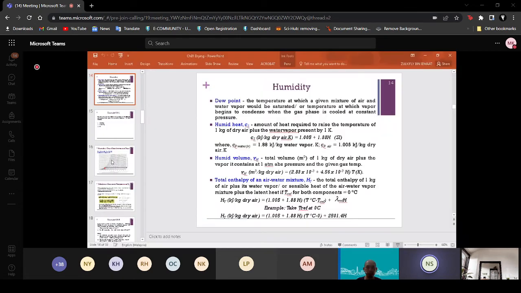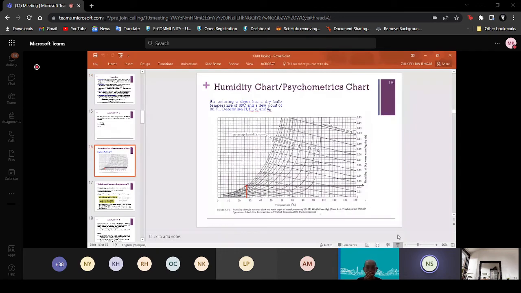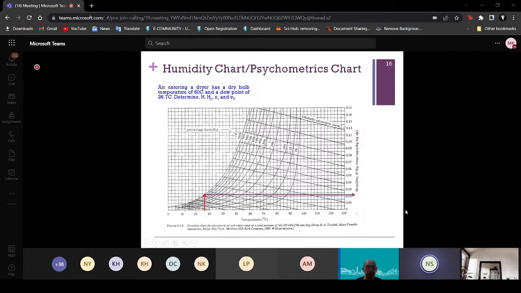Okay, this humidity chart. Okay, 65.6, somewhere around here. 0.03 humidity. Right.